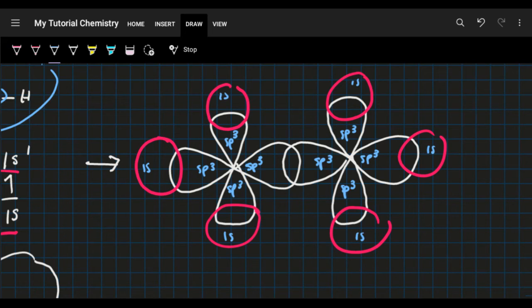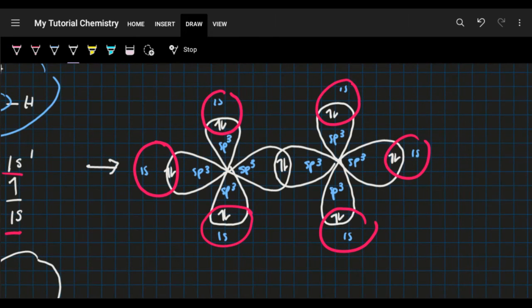Another step is to write the opposite spin of electrons at the overlapping area. Make sure the overlapping area has an opposite-spin electron pair. So now this is the 3D orbital diagram for C2H6.